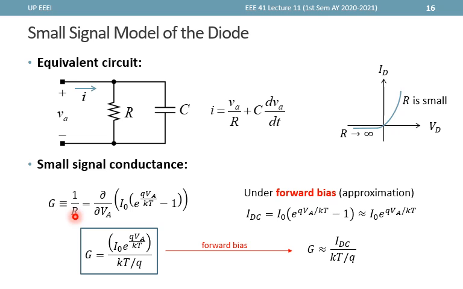However, what we are expecting is some positive, large valued small signal resistance. But if we stick to this forward bias case, this simply tells us that the conductance actually increases linearly with the current. So the resistance is simply kT over q over I. So that's the small signal resistance.